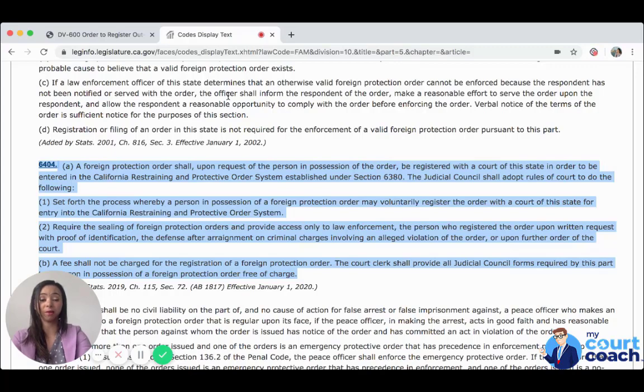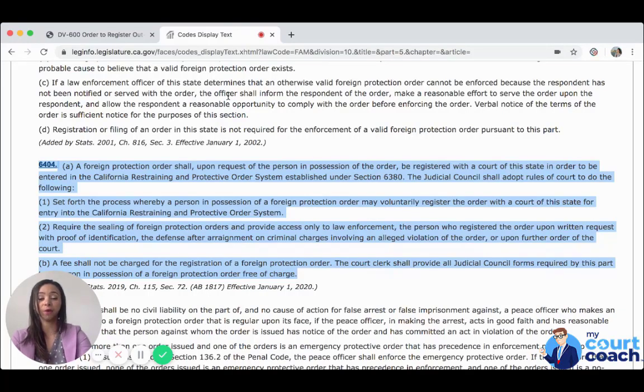The Judicial Council shall adopt rules of court to do the following. They have to set forth the process whereby a person in possession of a protective order may voluntarily register the order with a court of the state for entry into the California Restraining and Protective Order system.